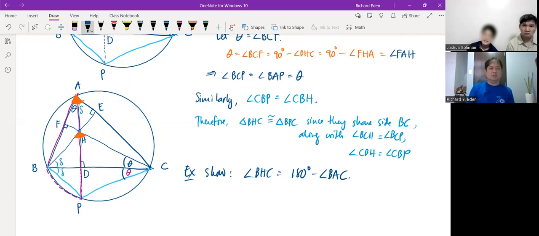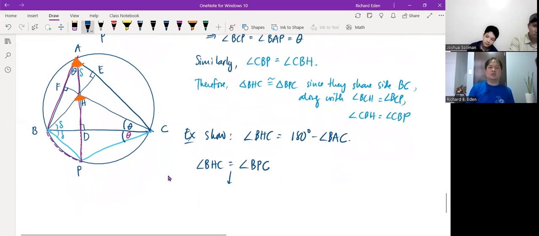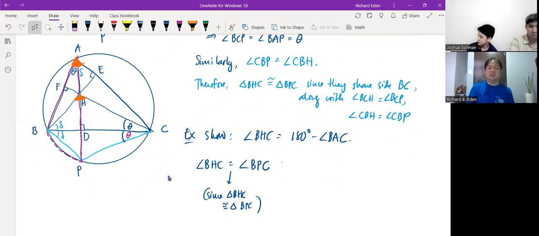So the argument is that angle BHC equals angle BPC because of the congruent triangles. Since triangle BHC is congruent to triangle BPC, and BPC is 180 degrees minus angle BAC because BPCA is cyclic.